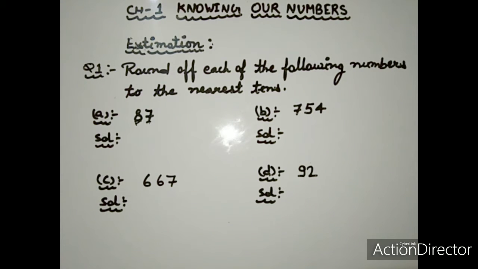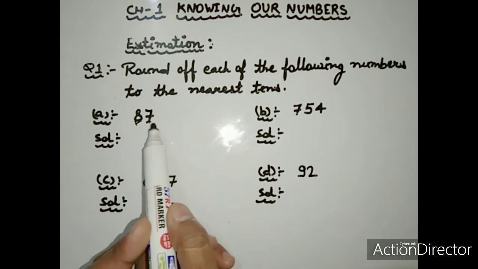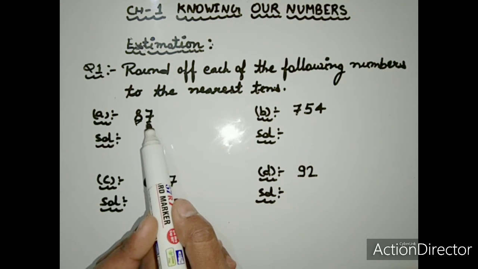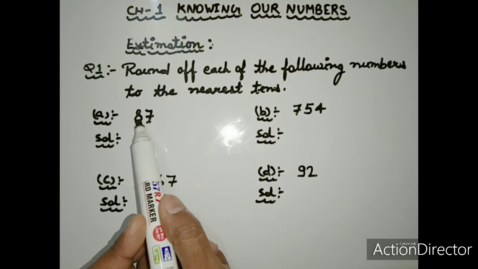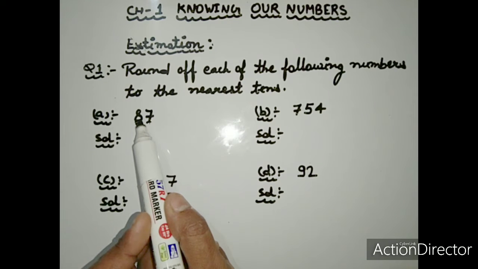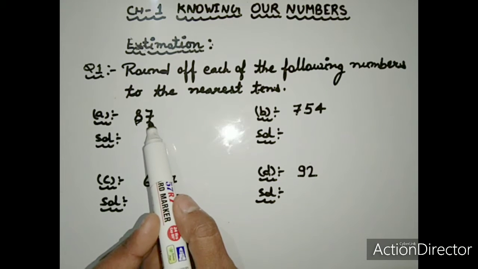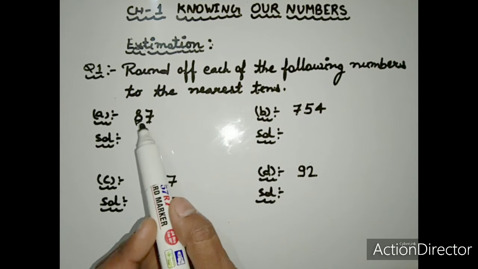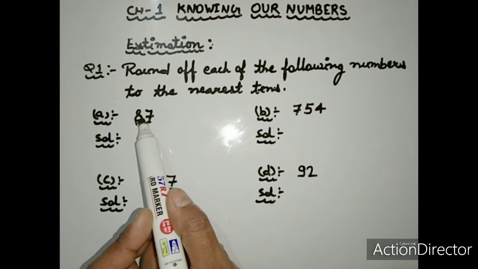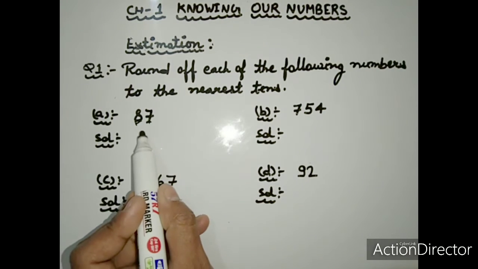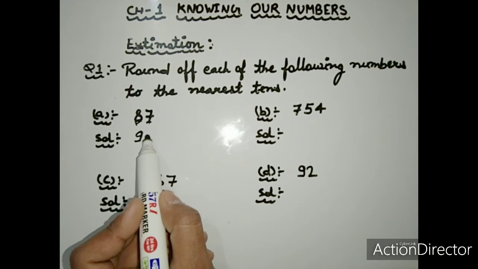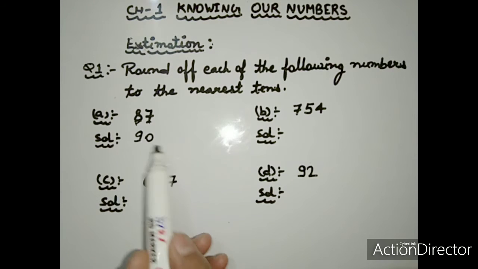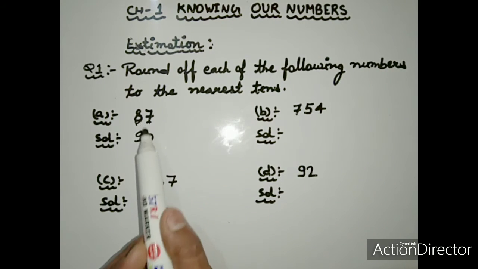The rule of nearest tens says that if the digit in ones place is 5 or greater, then the digit in the required place increases by 1 and the ones place digit is replaced by 0. Here the digit is 7, which is greater than 5, so we increase the digit in the tens place: 8 plus 1 is 9, and the digit in the ones place is replaced by 0. So 87 rounds off to 90.